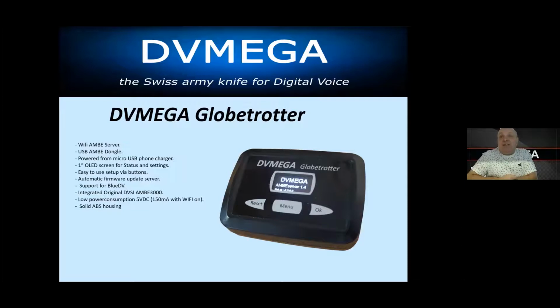With this product, because you only have to set it up once and it stays there forever if you don't switch the Wi-Fi network, I chose to do the setup with the display and the buttons.